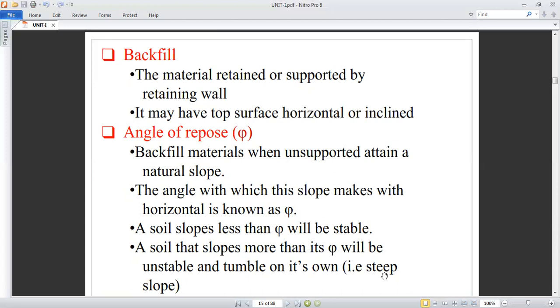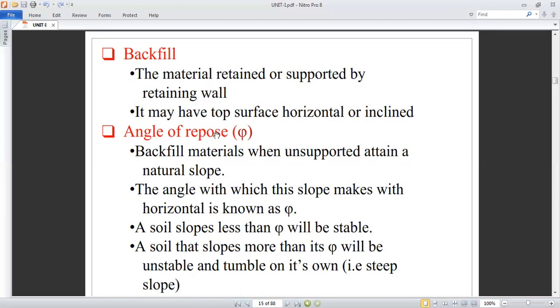If the soil slope is less than the angle of repose, it will be stable. If it is more than the angle of repose, it will be unstable and tries to collapse easily. That is about your angle of repose.